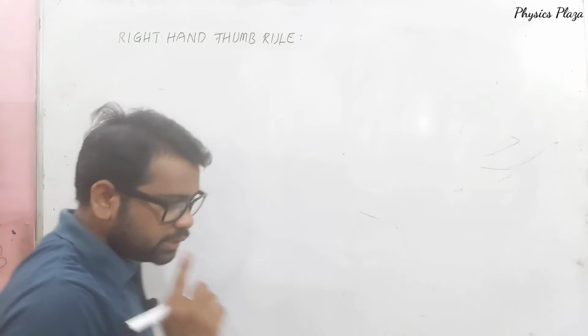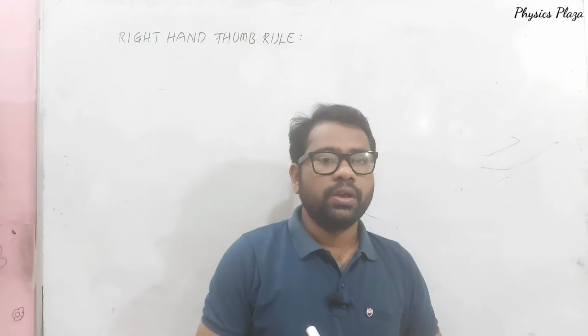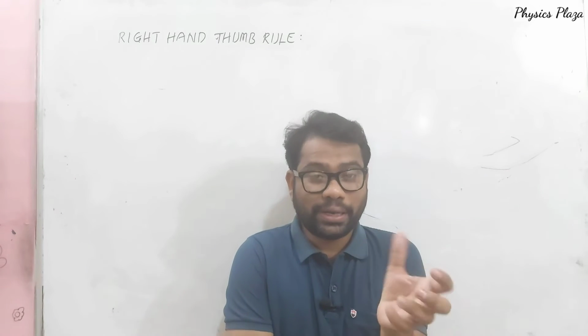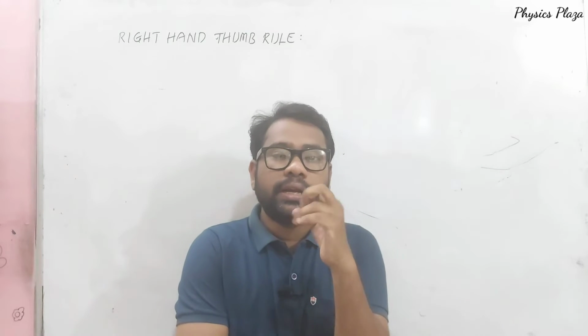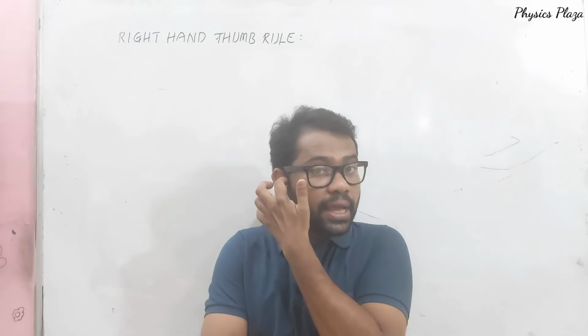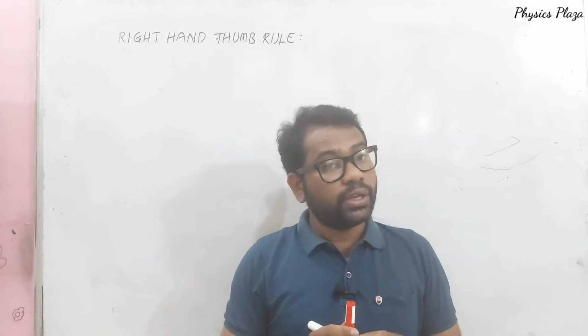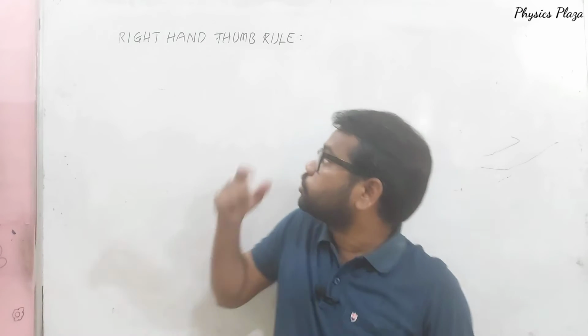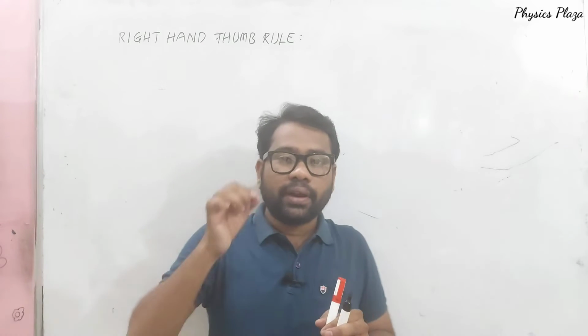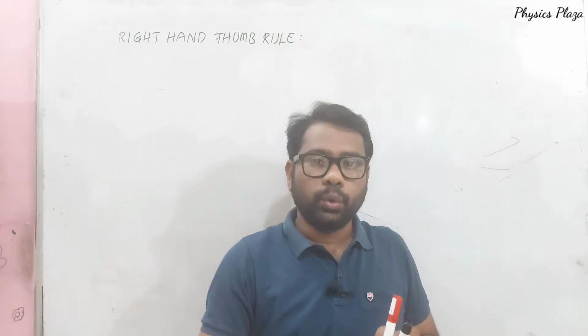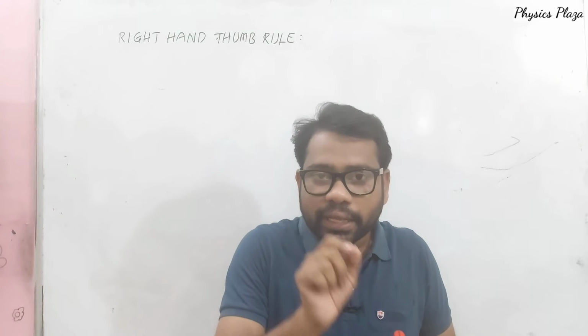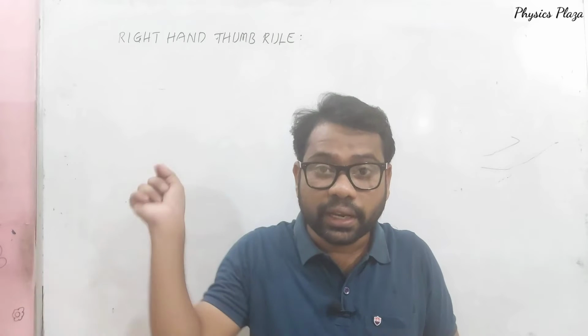Children, in examination they will ask you a direct question. What is the rule which is used to find the direction of magnetic field around the current carrying conductor? State that rule. They will not ask you to state the right hand thumb rule directly; they will ask what rule is used to find the direction of magnetic field around the current carrying conductor.